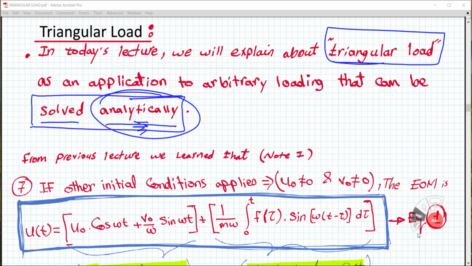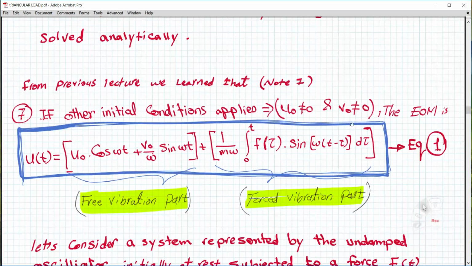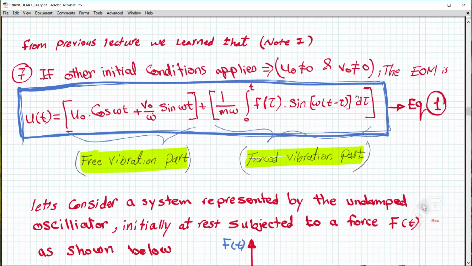From the previous lecture, let's go now to what we studied last time and refresh our memory. We mentioned before that if we have initial conditions, the general solution, with u node and v node not equal to 0, is going to be reflected in the equation of motion that we have.